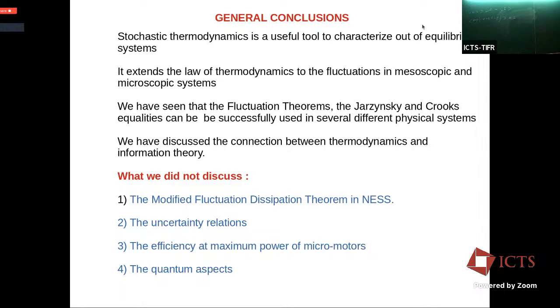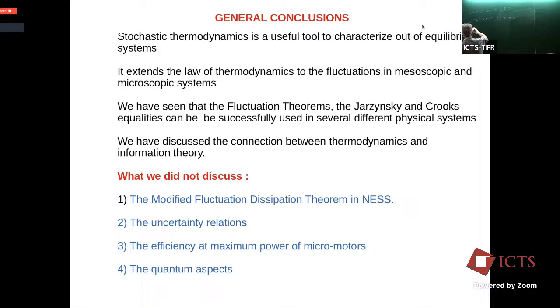Now let me do the following exercise, taken from the work of Sagawa and co-workers. So the idea is the following.